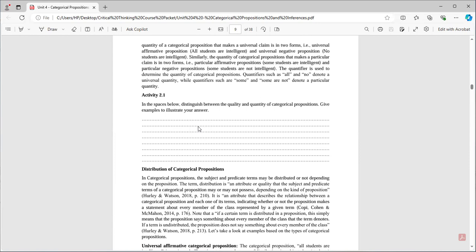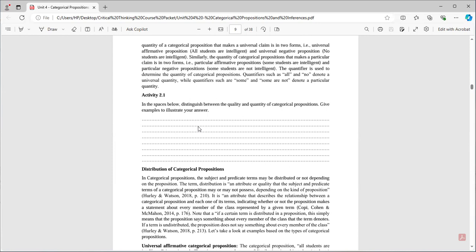In other words, an attribute that tells us whether reference is made to all members. Reference is made that all members are included or excluded from another class. We are talking about the relationship of the two classes.